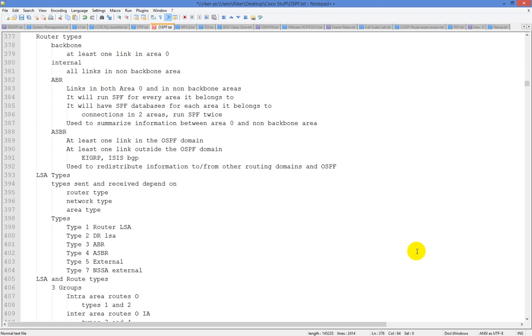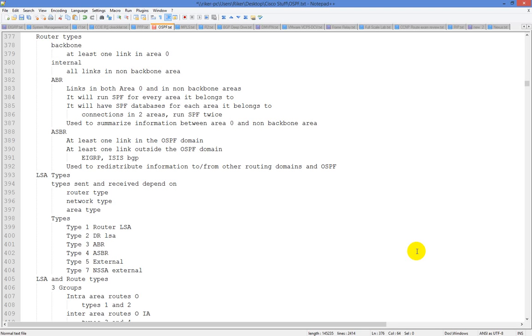If you have a router that's got a connection to a non-backbone area and outside OSPF, ASBR. If you have a router that's got an attachment to area 0, a connection to a non-backbone area, in addition to connecting off to a non-OSPF domain, it is an ASBR. So it really doesn't make a difference how you carve it up. At the end of the day, it's the same thing.